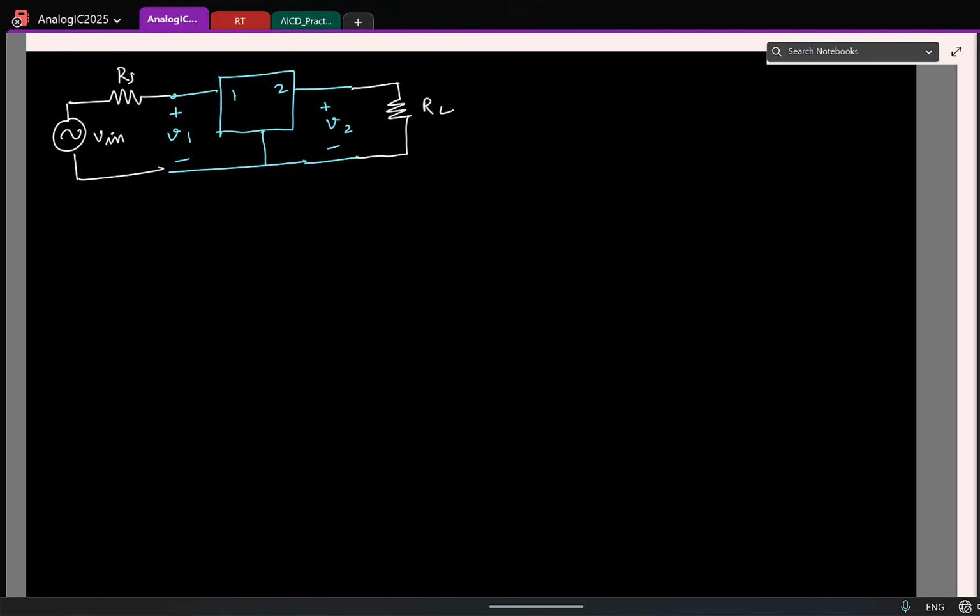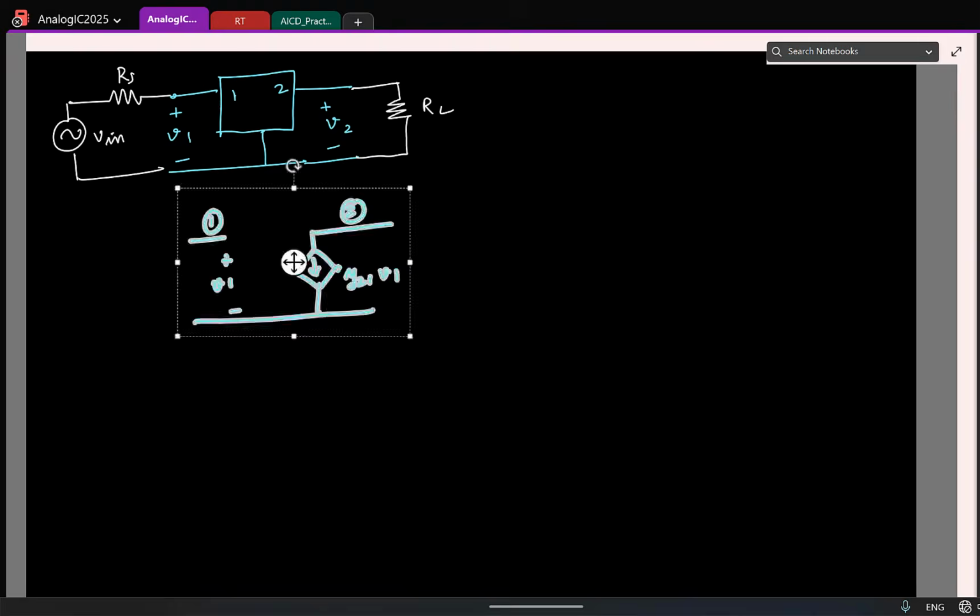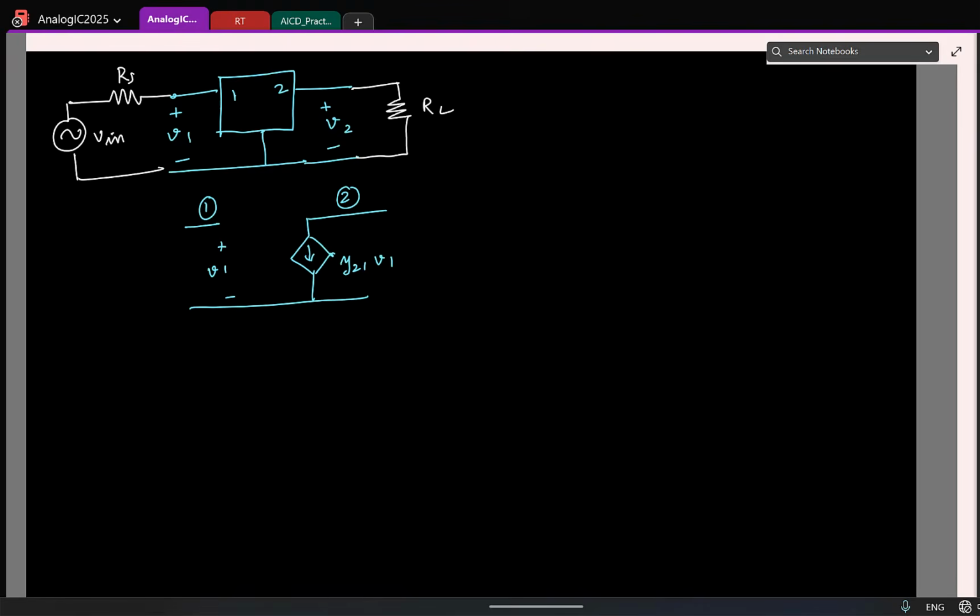So the small signal equivalent looked like this. It just had one voltage controlled current source. This is port 1, port 2. This is Y21 times V1. And we also saw the characteristics look like this.